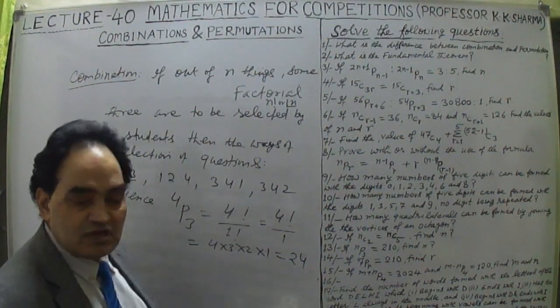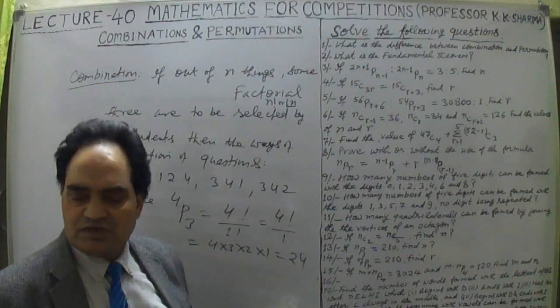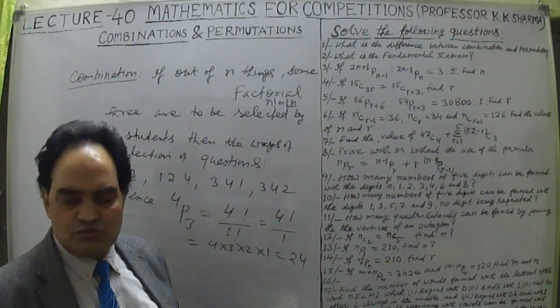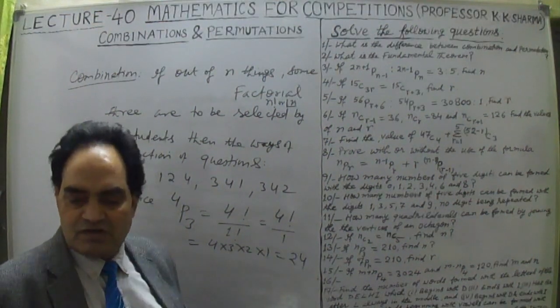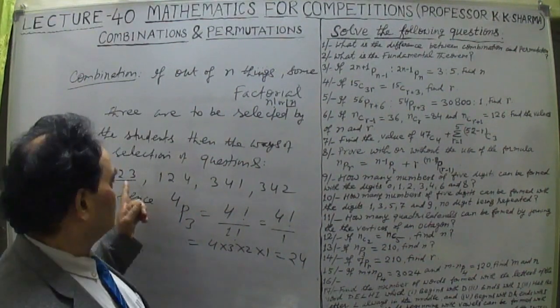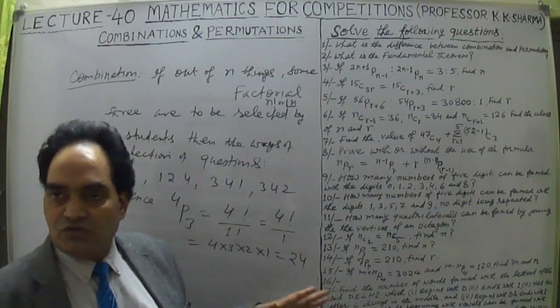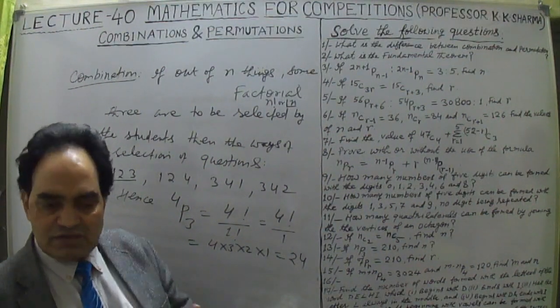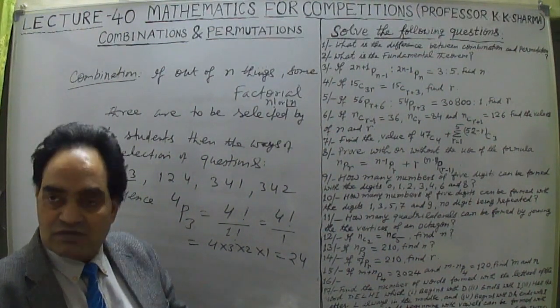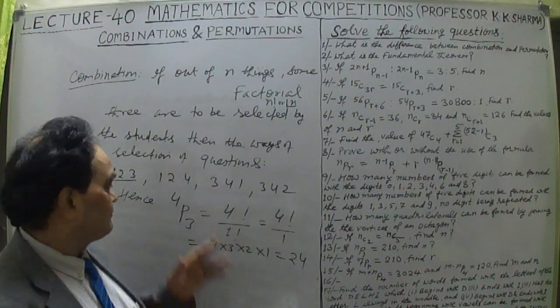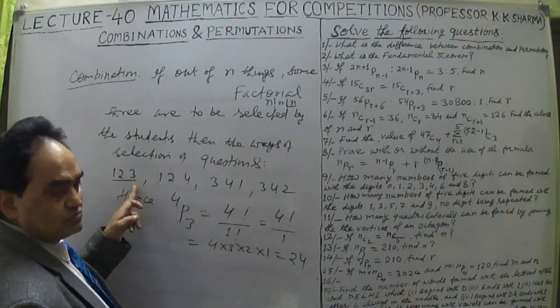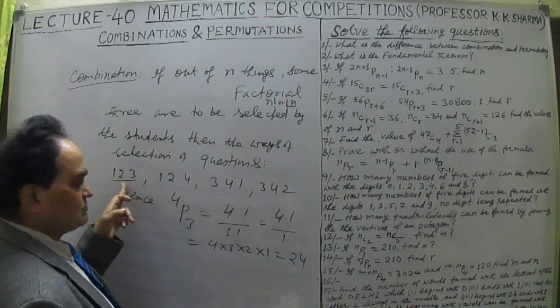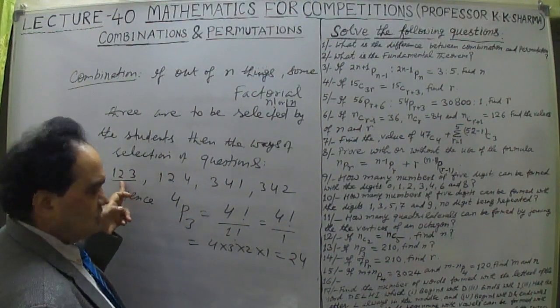In case of permutation, arrangement is there. Okay, 3 questions can be selected in different arrangements. Like this 1, 2, 3 can be selected in 6 ways. The 3 questions are not unique here, they are repeated, but they can be arranged in order. What is the order here? 1, 2, 3, or 1, 3, 2, maybe 2, 3, 1: first, second, then third.